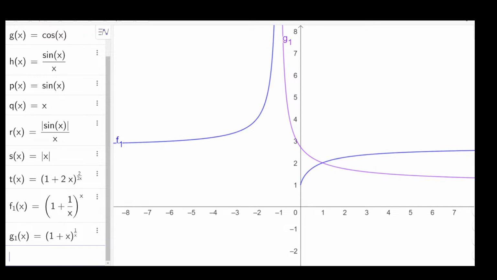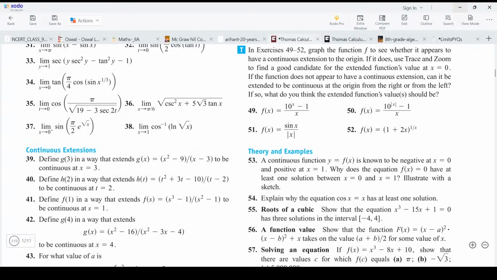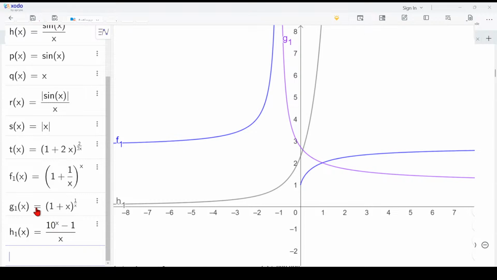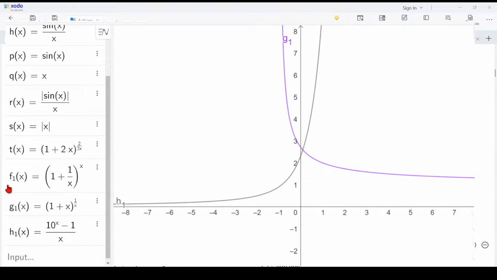Now, coming back to our question. What is our question? (10^x - 1)/x.